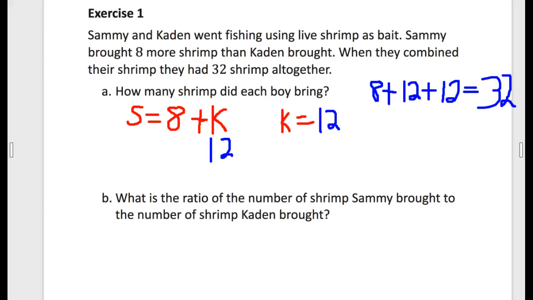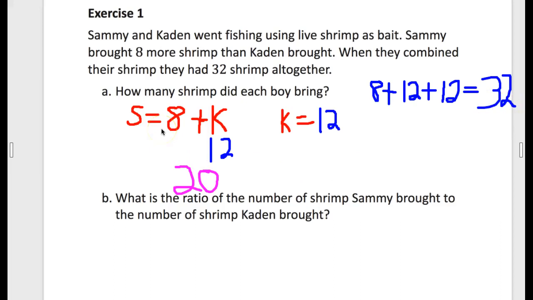Alright, so here's what the answers are. If Sammy equals 8 more than Caden, and if Caden brought in 12, then Sammy would bring 8 plus 12, which now equals 20. And the reason we came up with this was 12 plus 20 is 32.